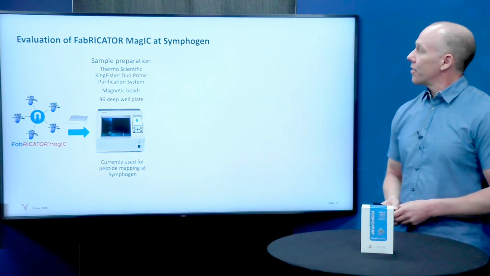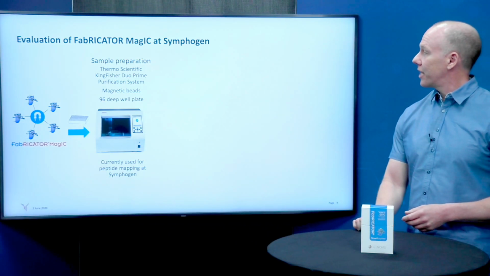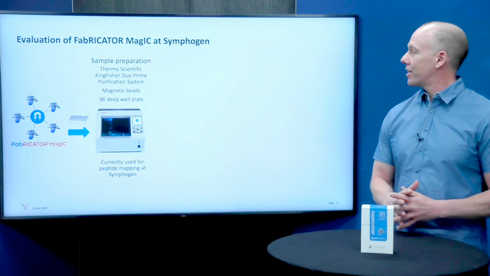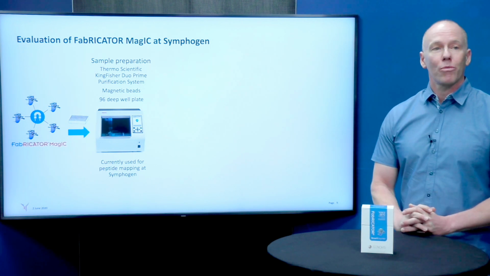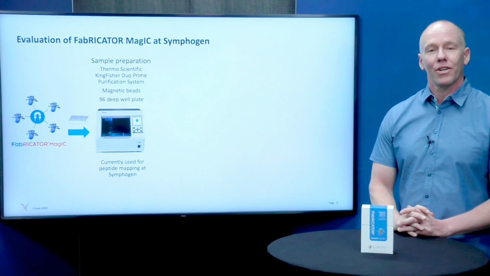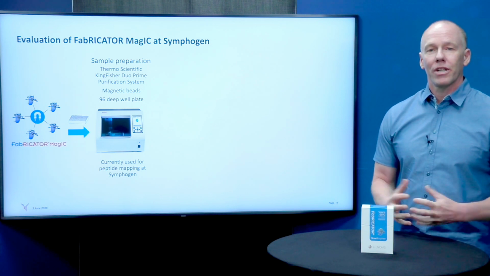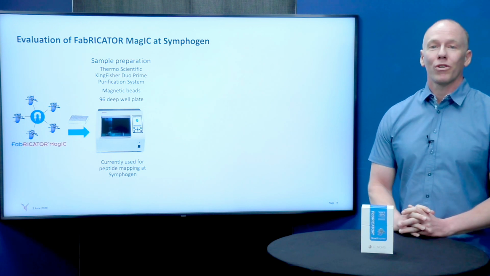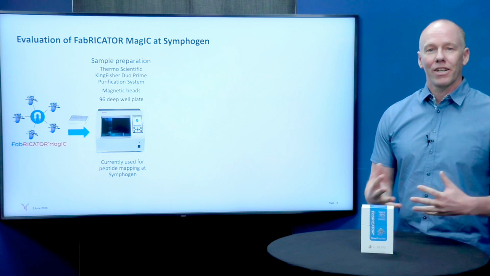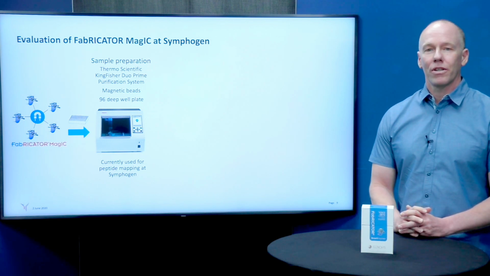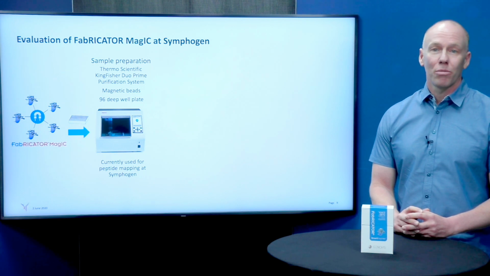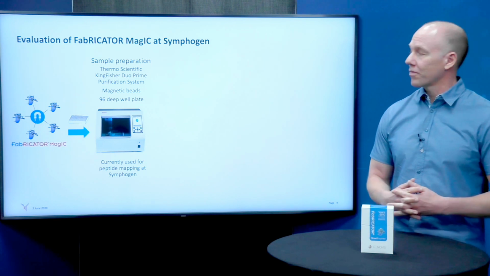So the platform we've been using for a while now for peptide mapping work is the KingFisher that Rob just mentioned. And I've really been requesting and looking forward to the FabRICATOR in this format, because the subunit workflow is an essential part of our antibody characterization platform.